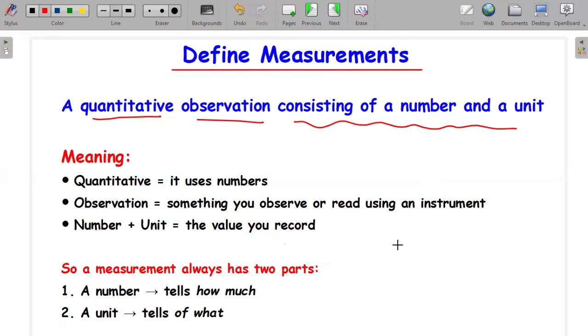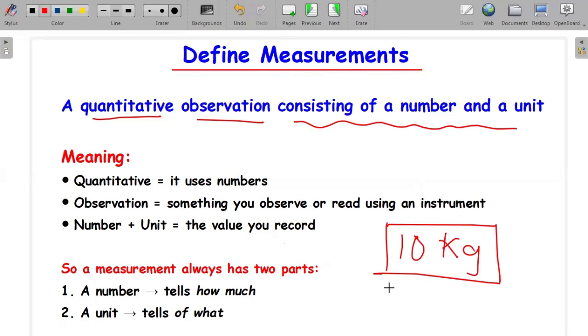For example, if I write 10 kg here, this is going to be a measurement. Why? Because there is a number, the 10, and then there's this unit, the kg. If you combine a number and the unit, then you get a measurement.